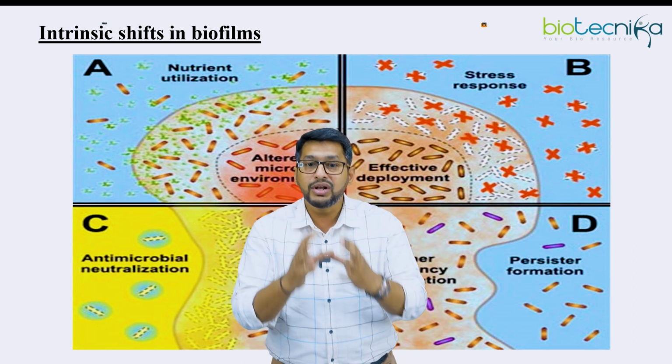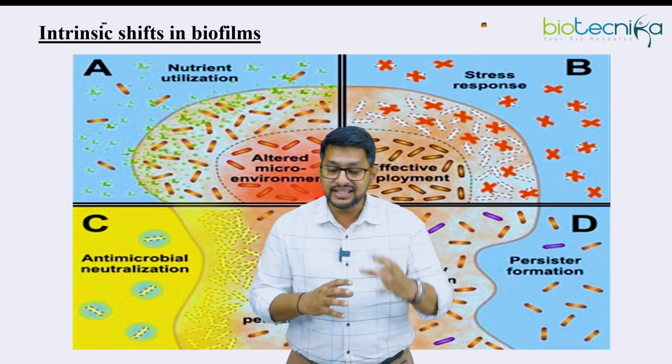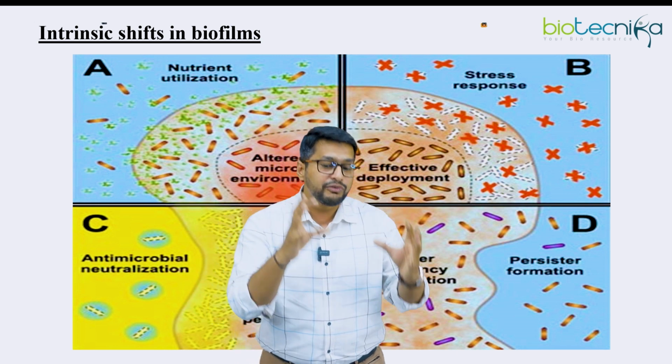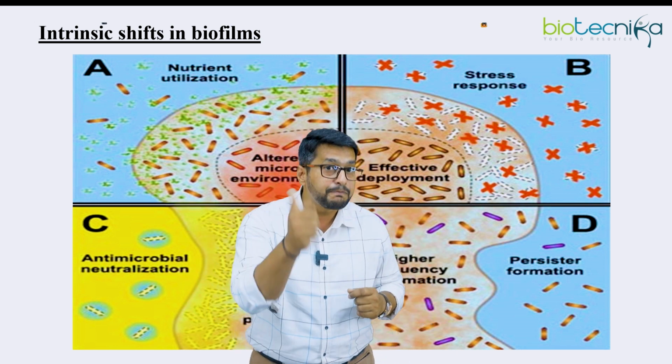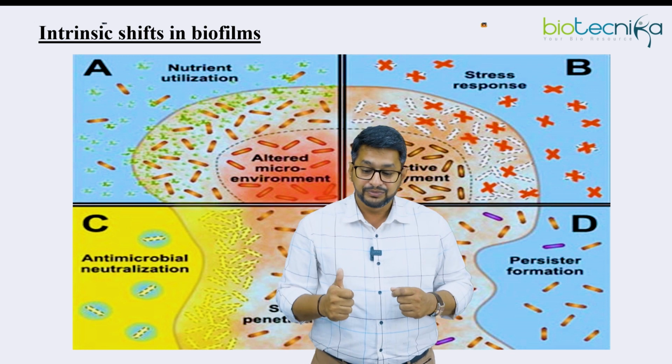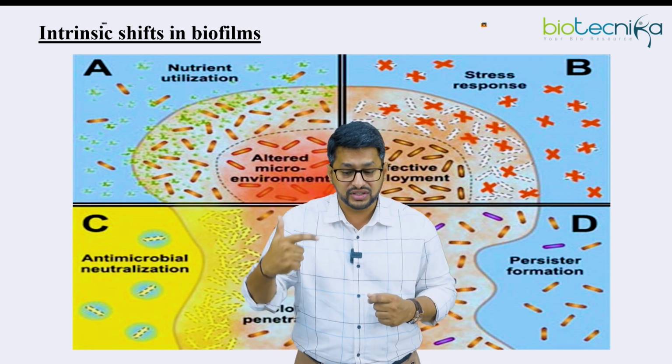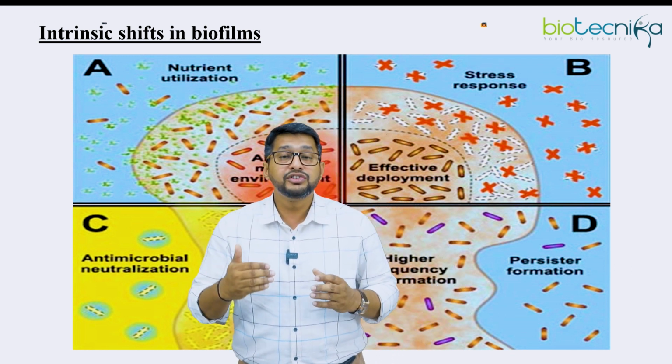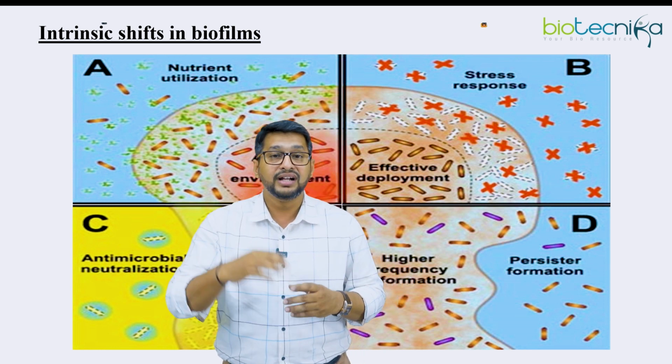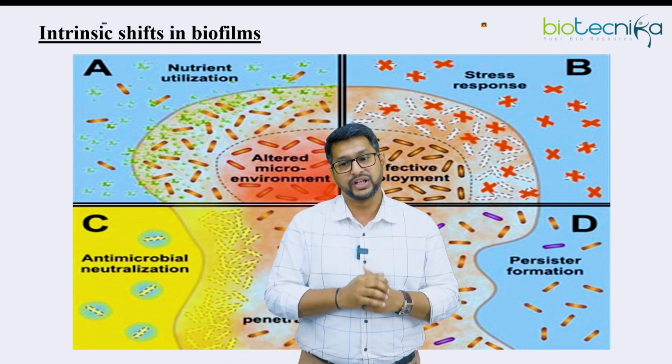Let us try to dwell upon the internal factors. Once there is a biofilm formation, there is an effective deployment of the cells which will take place. Then the frequency of formation is much higher, and there is very slow penetration, and this can lead to an altered microenvironment.